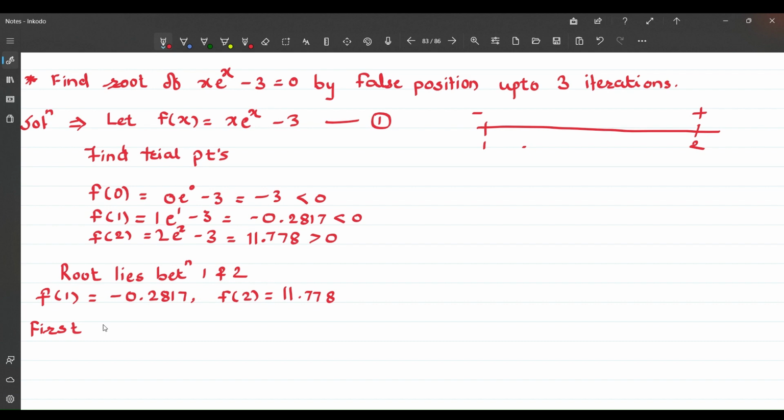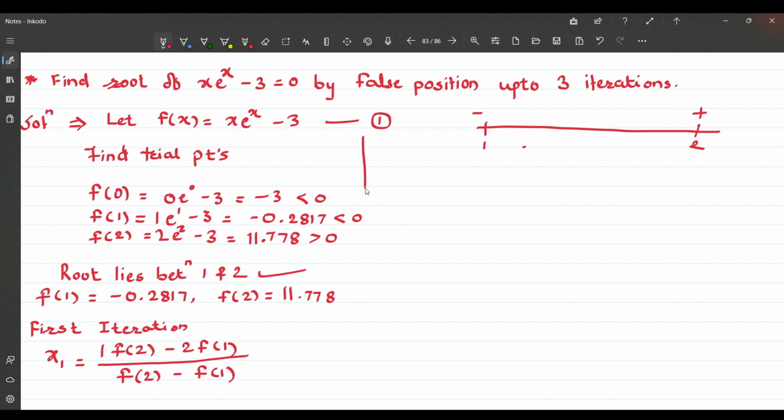First iteration. In the previous video we have already seen how to form this formula for x1. This root lies between 1 and 2. So the formula for x1 is 1 into f of 2 minus 2 into f of 1, divided by f of 2 minus f of 1. Now put these values in this equation.